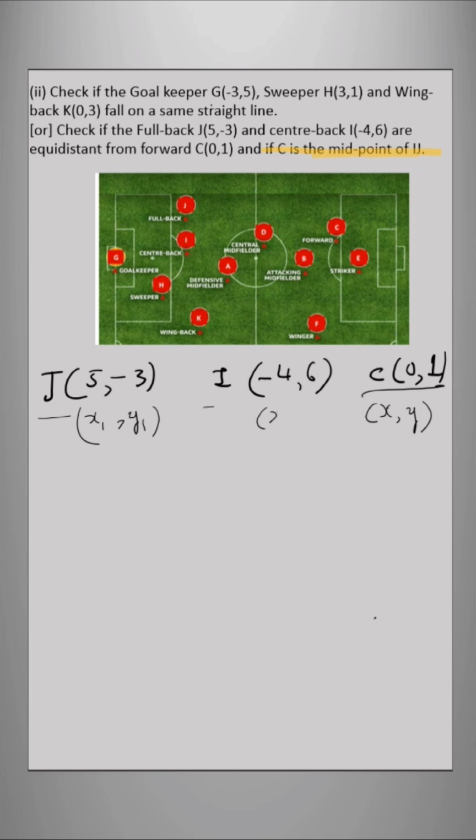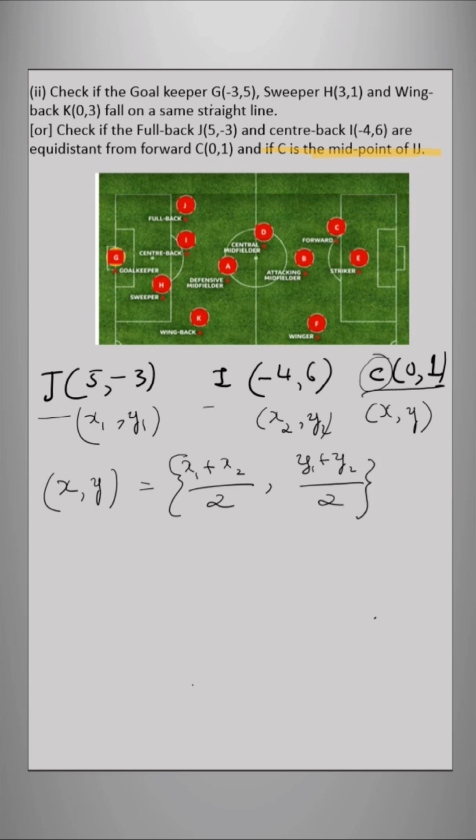Now we know the coordinates of the midpoint: x, y is equal to (x1 plus x2) by 2 and (y1 plus y2) by 2. If C is the midpoint of IJ, if we take the midpoint of I and J, it should be (0, 1).